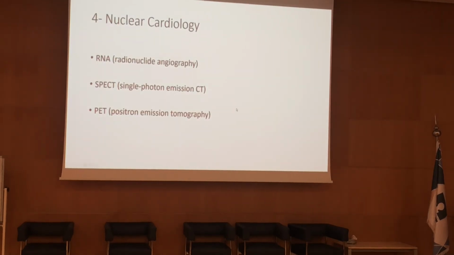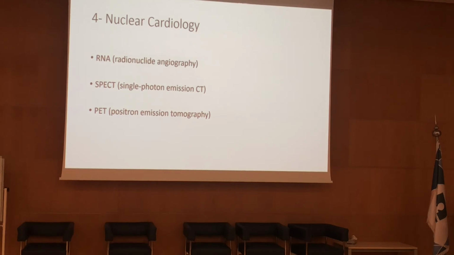Okay, so the fourth modality that we use is nuclear cardiology. We use RNA or MUGA scan. It has so many names. The idea behind nuclear is we're giving the patient a tracer, and we take this tracer with a machine like a CT.